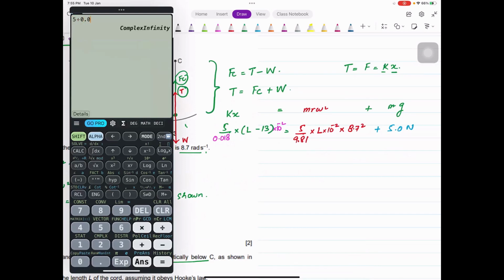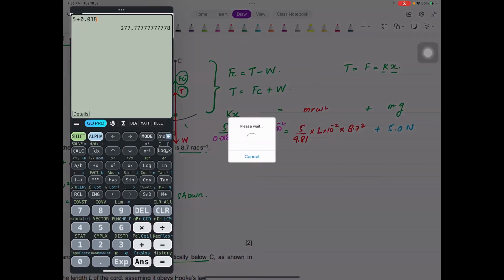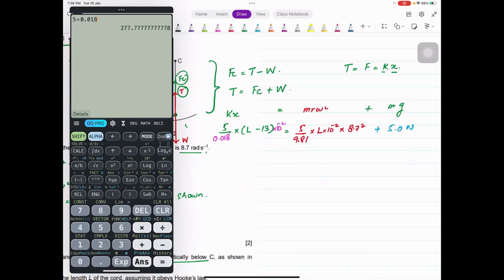So 5 divided by 0.018 times 10 raised to minus 2. That gives 278 length. And then this thing should be multiplied with 30, right?